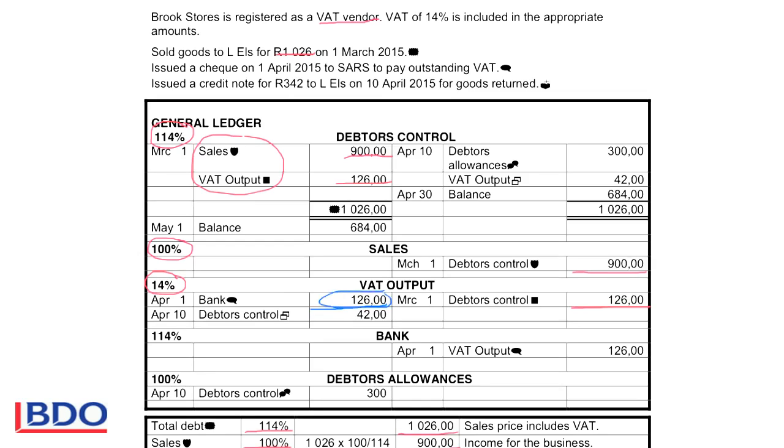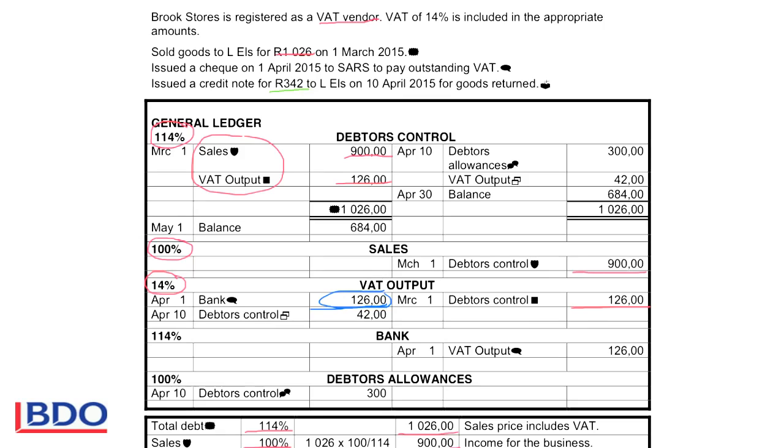Our next entry is where we issue a credit note because Els is returning goods. So he's returning goods worth 342 Rand. That 342 is the original price that he paid for it. That means it included the VAT.